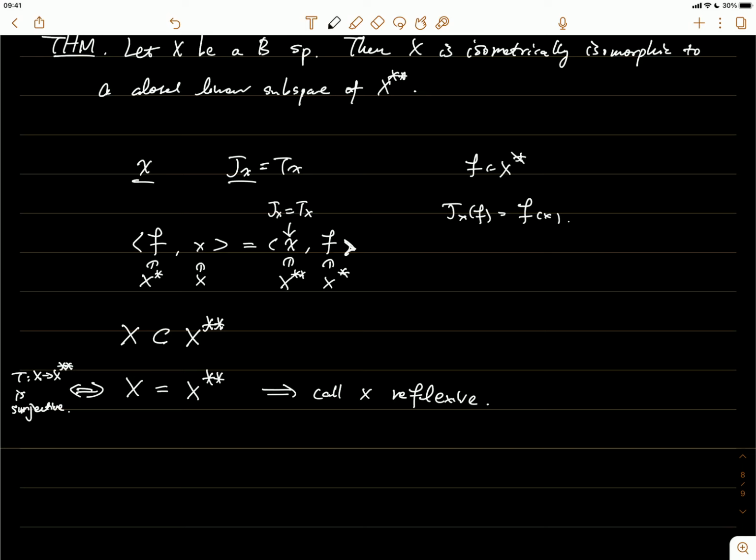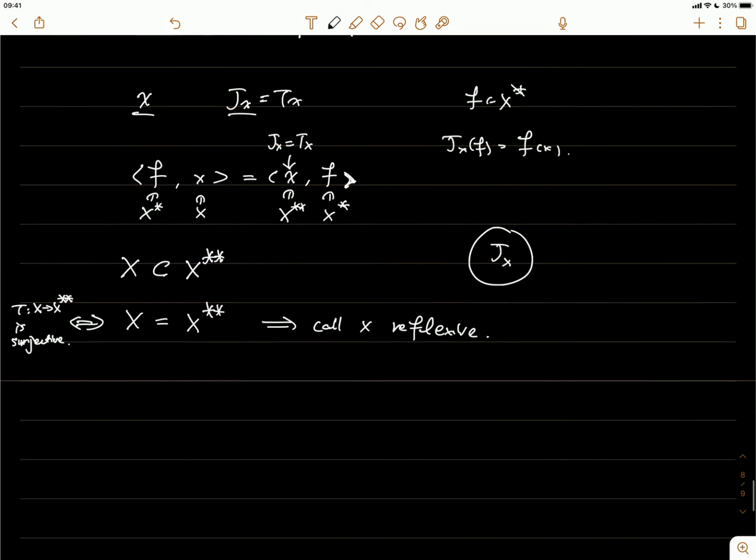That means every element in the bidual can be mapped from some element in the space X, or any element in X double star can be written in this way.